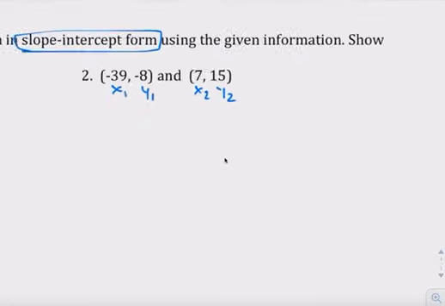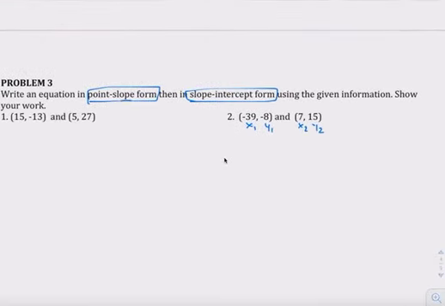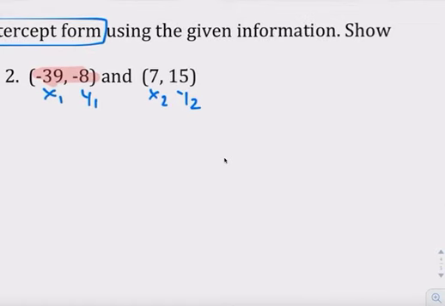Using the given information. All right, well, for point slope form, I need the slope. I got my points right here. I need to find my slope. To find my slope or rate of change, remember slope and rate of change mean the same. You get y2 minus y1 over x2 minus x1.